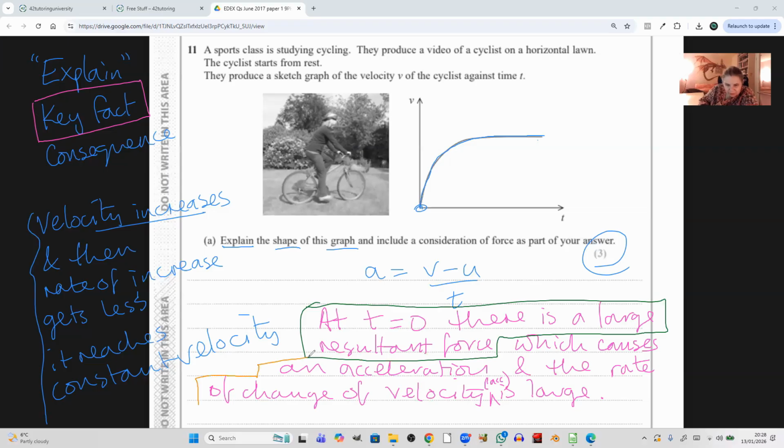I'm going to put it in an orange box. That's a consequence of the first key fact. Can you see that? So if you've got a large resultant force, you're going to get a large acceleration. And really what we ought to do is say F is equal to ma. Does that please you, Ian?